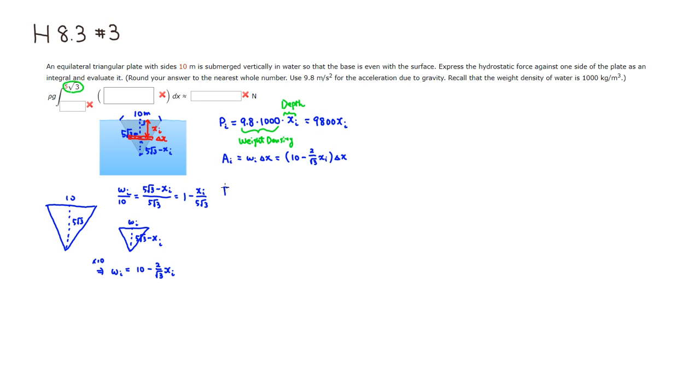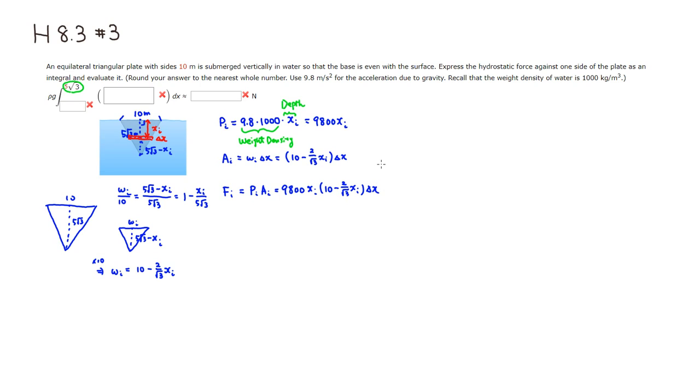So Fi is simply Pi times Ai, which is equal to 9800 xi times the quantity 10 minus 2 over square root of 3 xi, times delta x.